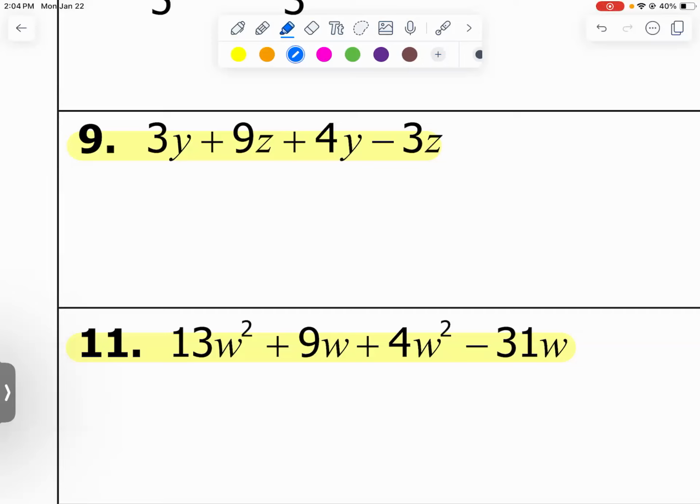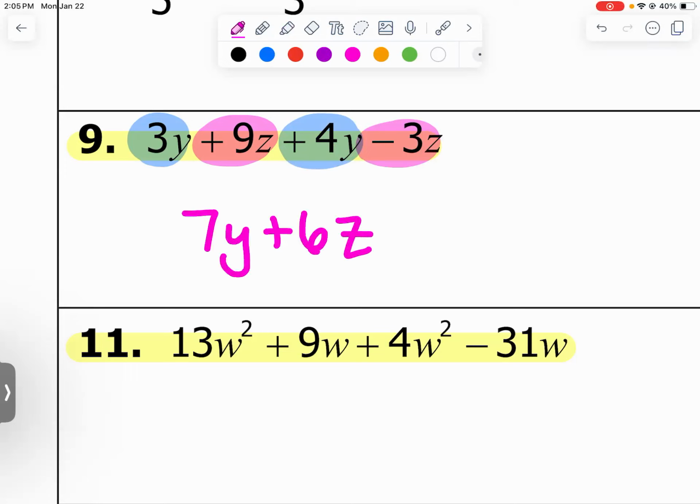Aces, Henry, how'd you do that? Could you be more specific? The 3y and the 4y. It's 7y. Okay. The 9z minus 3 is 6. So 7y plus 6z. Does that sound okay? Did you like his explanation? I liked the explanation. Okay, good.